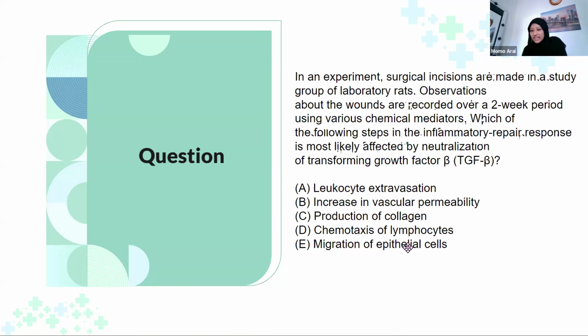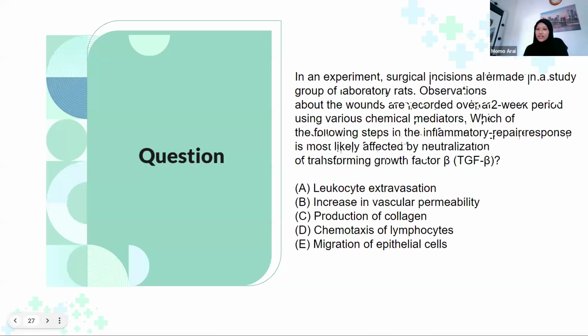Migration of epithelial cells is also the same thing. Anything to do with migration or moving of WBCs is mainly which growth factor, do you remember? Platelet-derived growth factor, good. Platelet-derived growth factor has most of these functions: white blood cell chemotaxis and migration.